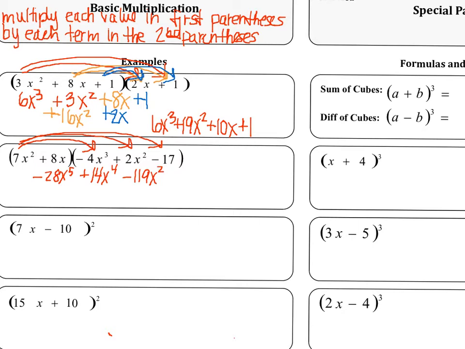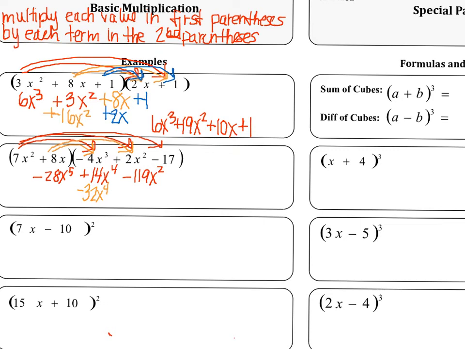So now let's do our plus 8x to all those other terms. 8x times negative 4x to the third, well, that's negative 32x to the fourth, so I'll put it with its like term. I'll line those up. Then I've got 8x times 2x squared, and that's plus 16x to the third.